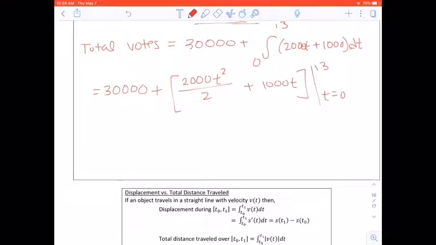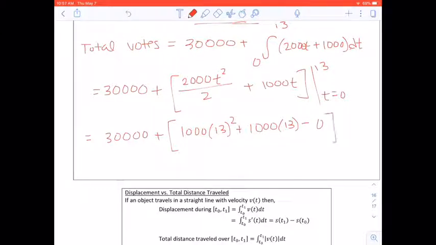And then from here, we get our 30,000 plus, and if you evaluate this at 13, and you can simplify that as 1,000, we're going to end up with 1,000 times 13 squared plus 1,000 times 13 minus, and if you substitute in 0, you just get 0.